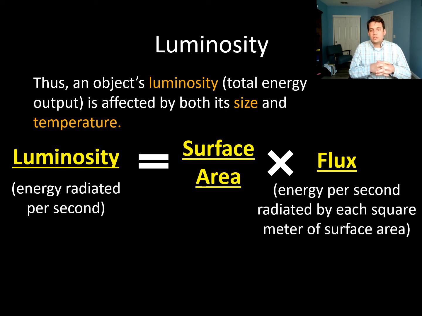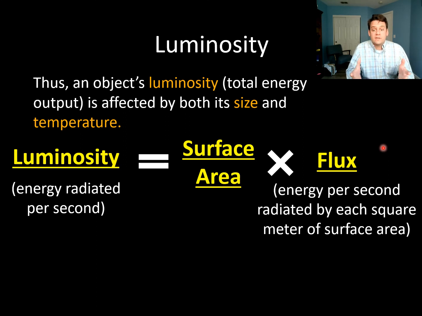And the flux is just the energy per second that's radiated by each square meter of surface area. So if you tell me the flux, the energy per second per square meter, and the surface area, which is the total number of square meters, we just multiply those together and we get the total energy radiated per second.